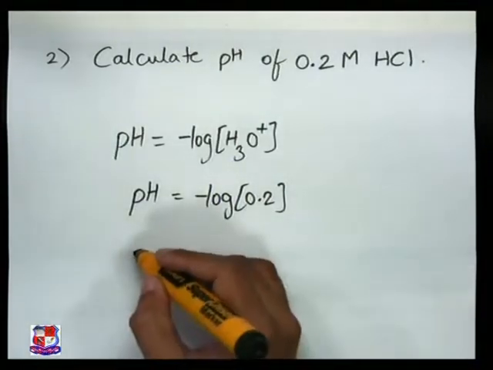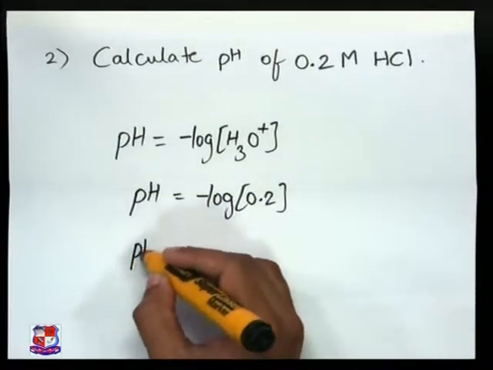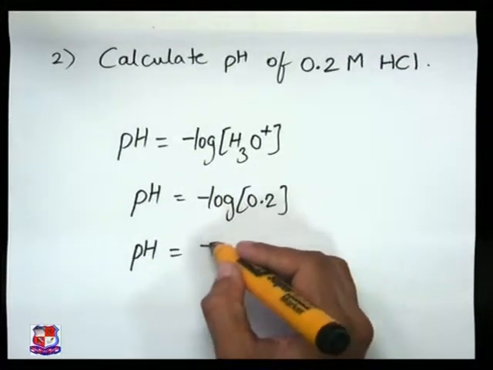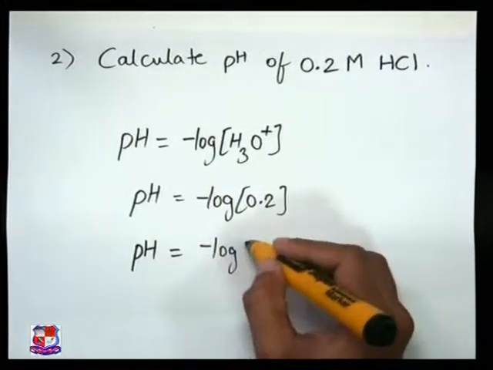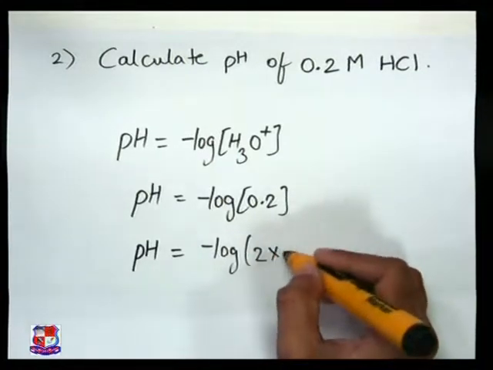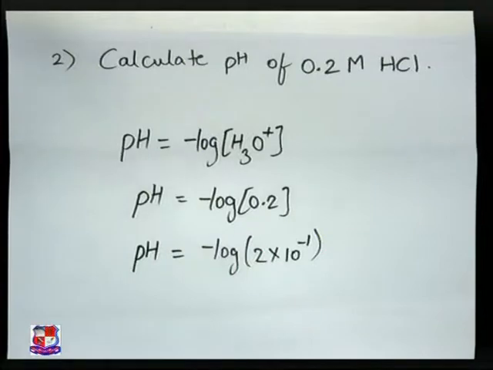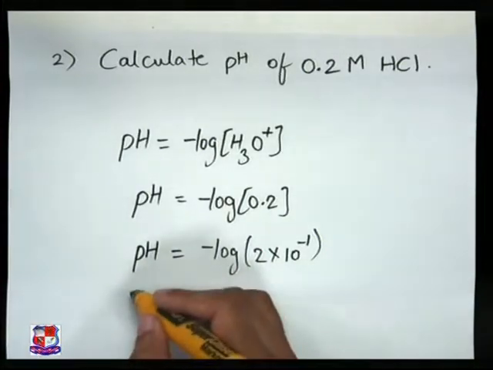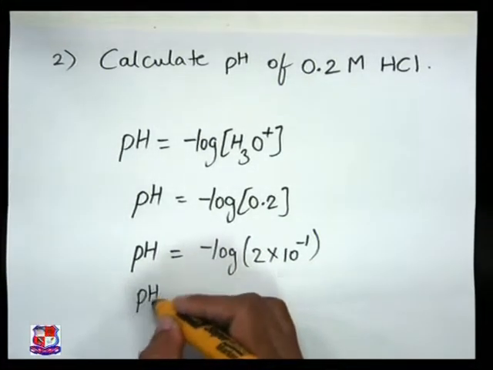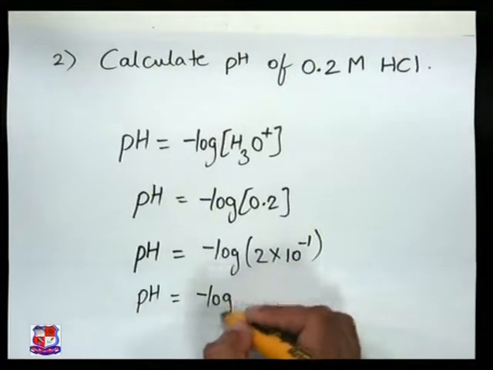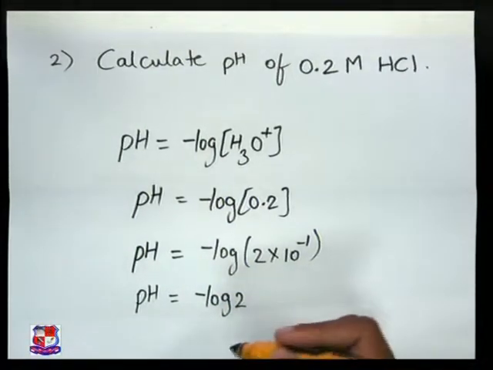Now you can simply solve it out. pH equal to minus log of, you can solve it here as 2 into 10 to the power minus 1. Now moving ahead, pH equal to minus log 2. You can solve with the help of calculator.